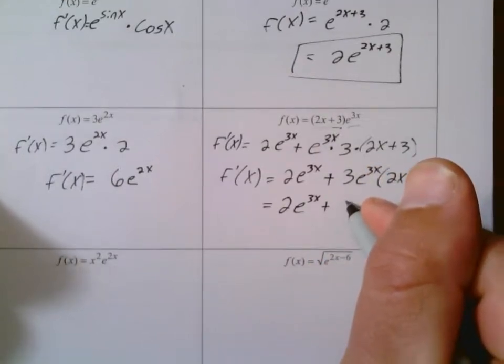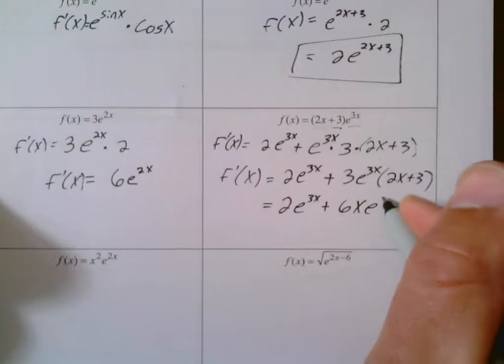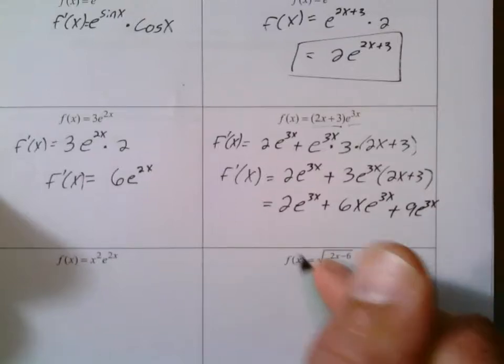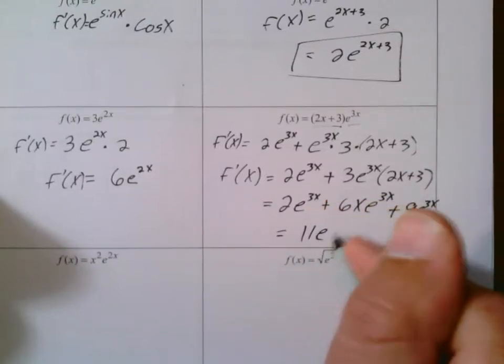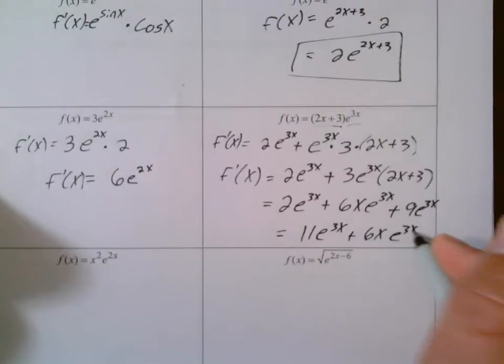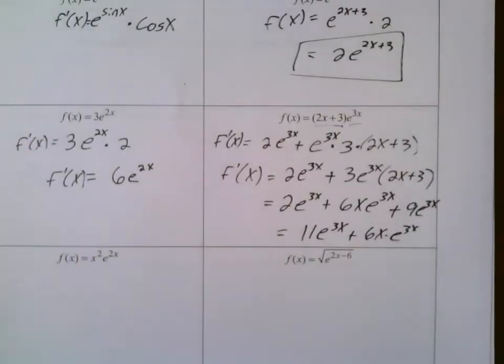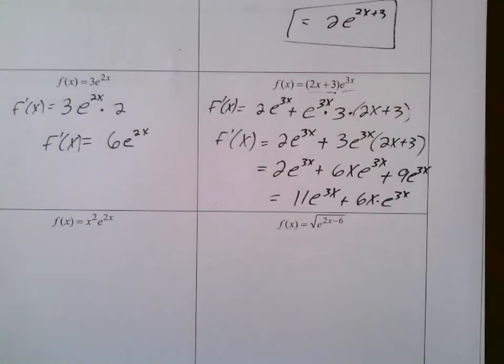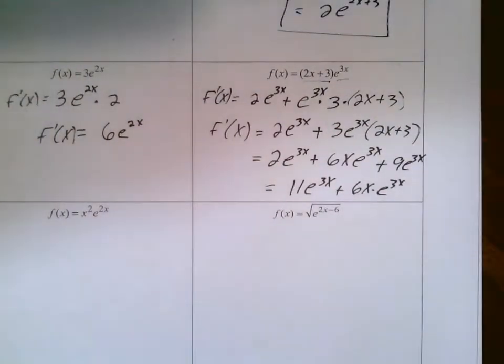I know you do too. 6x e to the 3x plus 9e to the 3x. Now I've got 11e to the 3x plus 6x e to the 3x. There it is. All right.